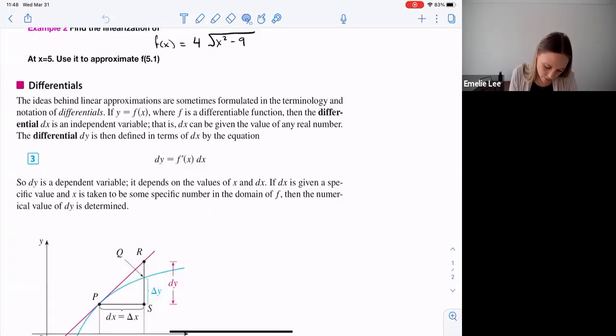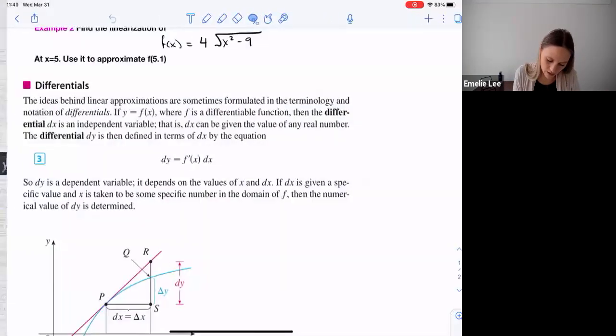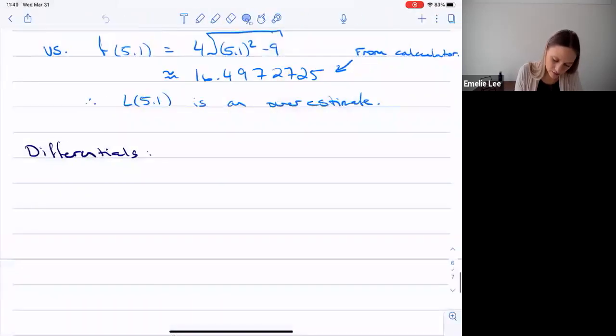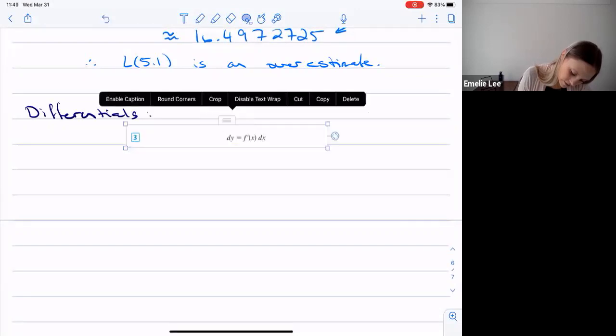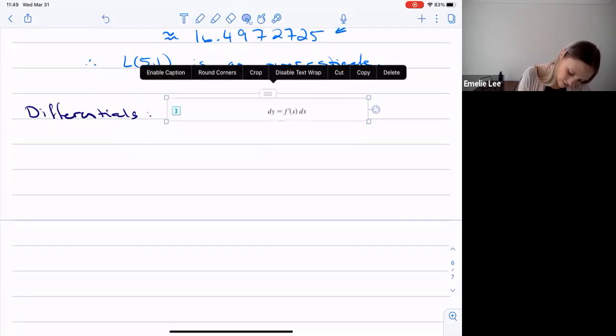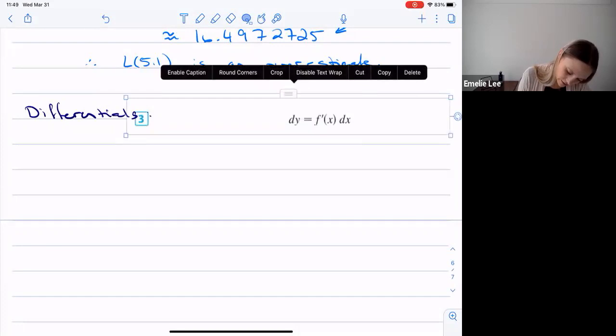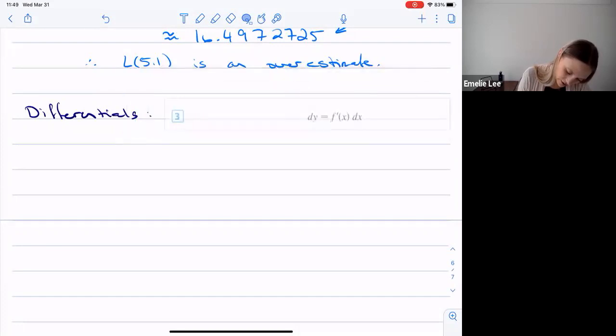And so what you're going to do is use this. Here, this is the differential.